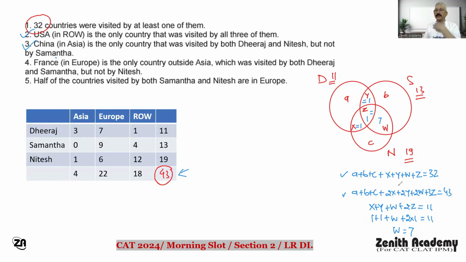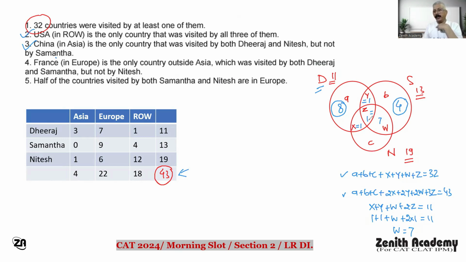So now I think it is easy to understand. When Dheeraj is visiting 11 places, here is 1 plus 1 plus 1, 3. So A is 8 cities where Dheeraj is going alone. For Samantha, 7, 1, 8, 1, 9, so out of 13, there are 4 cities where Samantha is going alone.